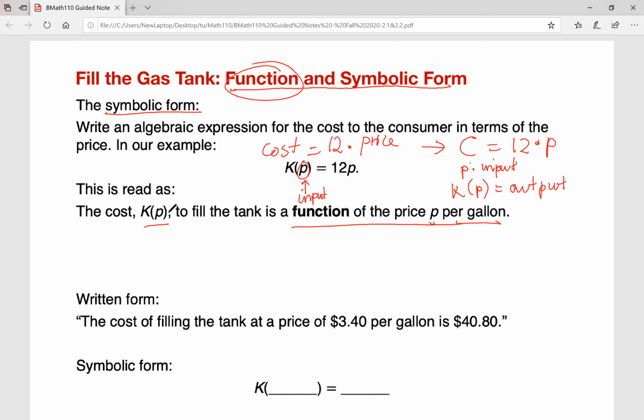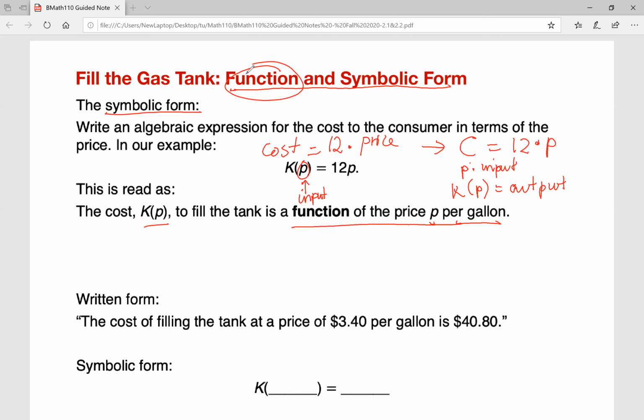Okay. So now for written form, the cost of filling the tank at the price 3.40 per gallon is 40.80.